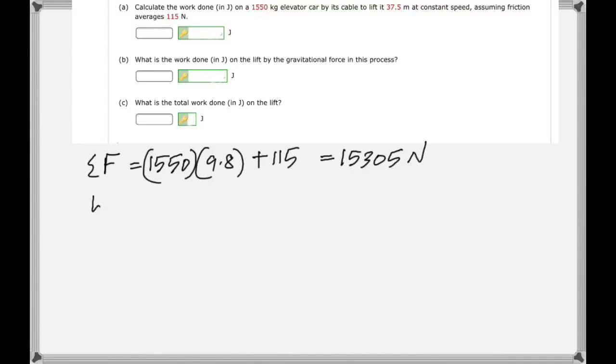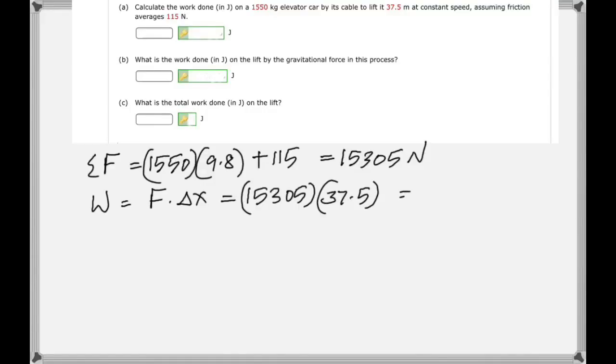So you have to find the net force and multiply it with the displacement. The net force is 15,305 newtons, which includes friction. Then multiply it with 37.5 to get the work.